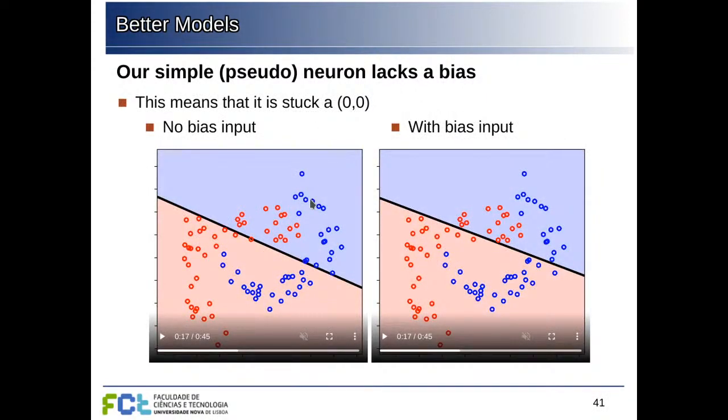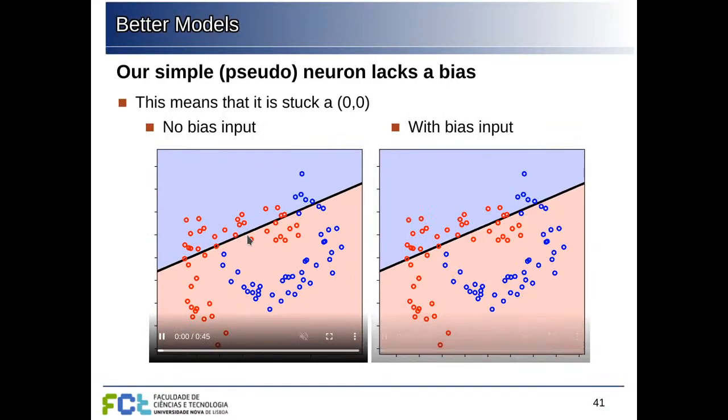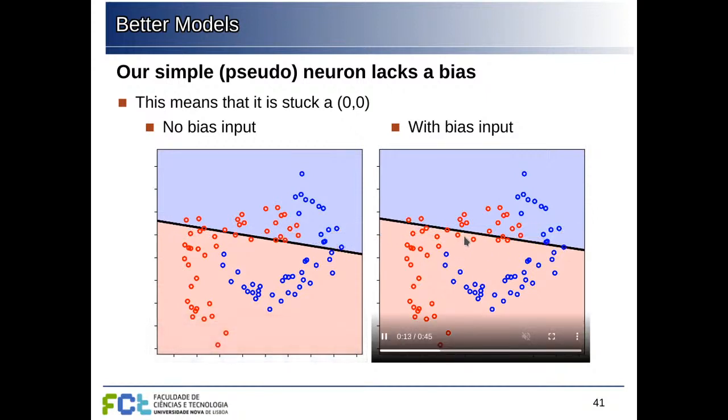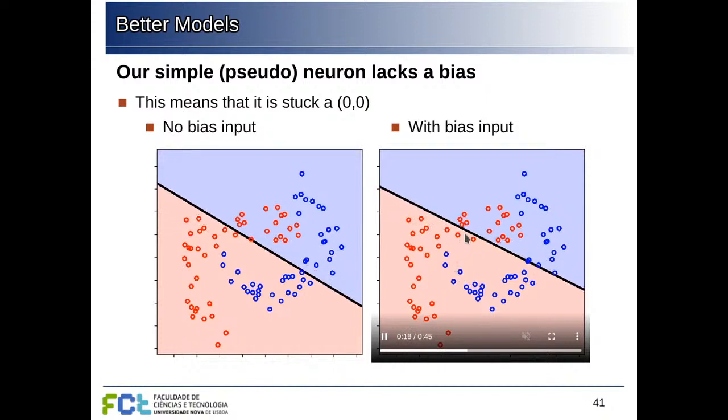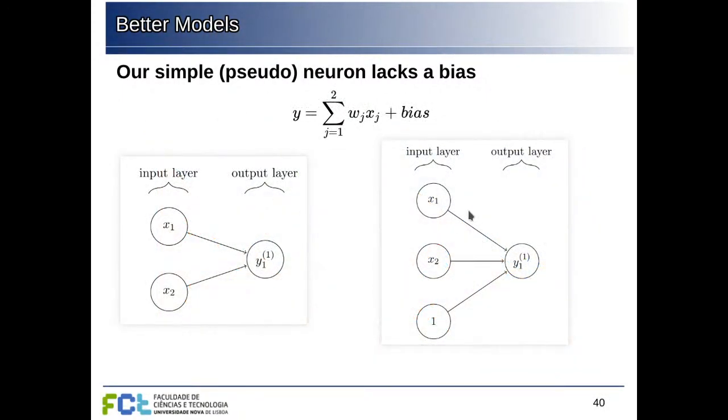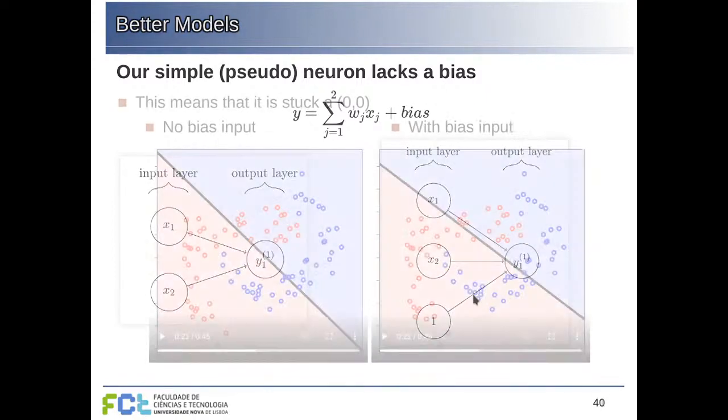And you can see here, if you look at the training of this very simple model, the line always passes at this point about here, which corresponds to the inputs being 0, 0. We cannot deviate from this. If we have a bias input, then the line can slide up or down or to whatever side it wants by changing not only the weights that are multiplied by the inputs, but also this additional bias value here.